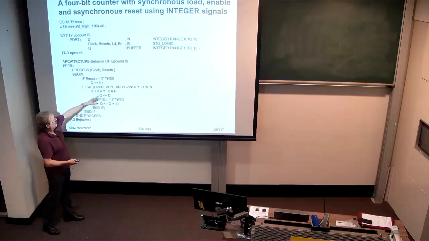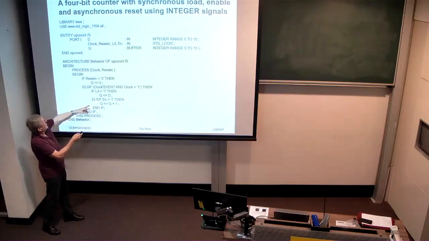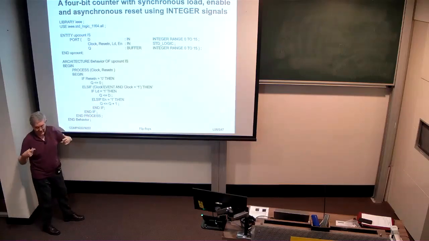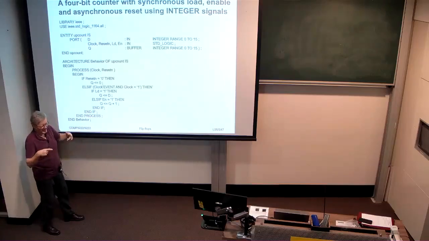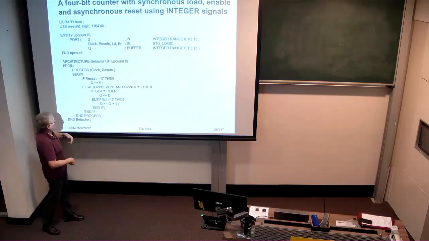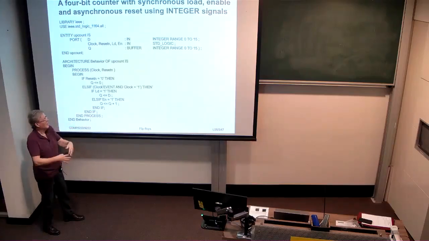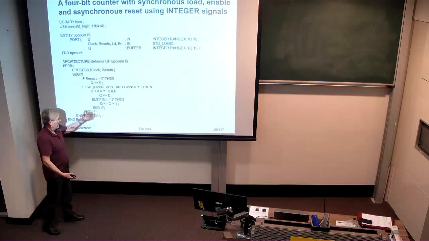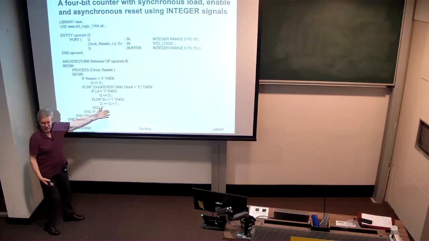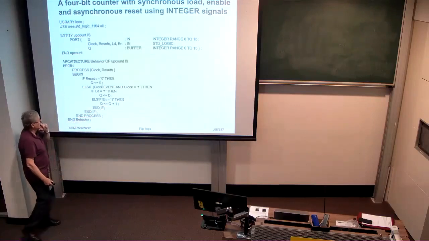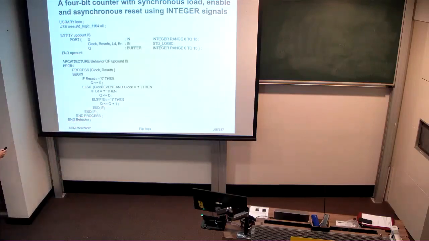Because it's integers, we don't really need the standard logic unsigned package, because the integers are an inbuilt type. VHDL knows how to add 1 to an integer, okay? Why do we need standard logic 1164 up here?